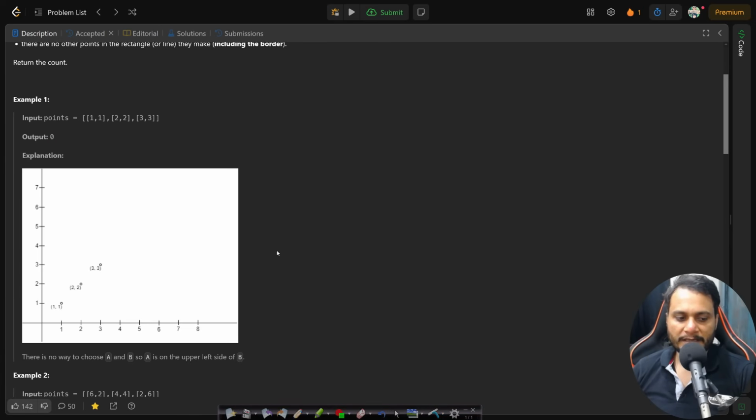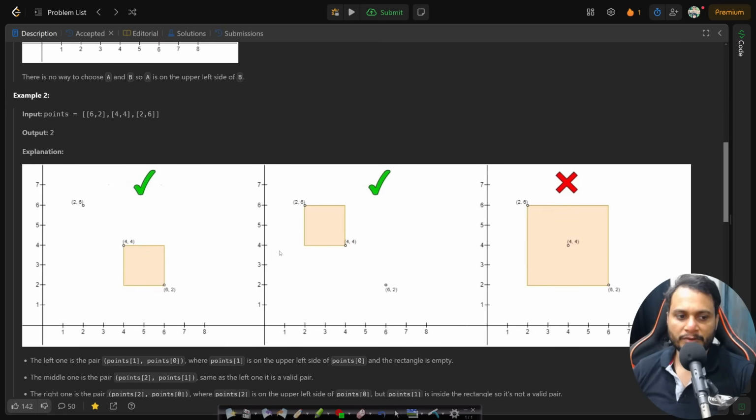Now if you look at the second example, the points given are 2, 6, 4, 4 and 6, 2. So you can make one of these as a rectangle, and it is valid because there is no third point lying either on the border or inside the rectangle. So this will be one valid rectangle, count 1.